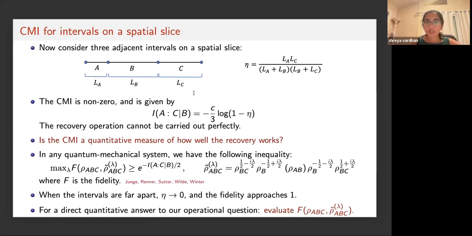Yeah, it might be that you need... this formula that I wrote was specifically for the case where they're on some spatial slice. Maybe there's some slight modification of it, because you also need the complex conjugate of eta in the case where they're not, and it might be a more complicated formula in that case. Okay, fine.